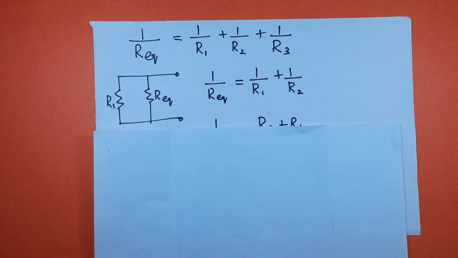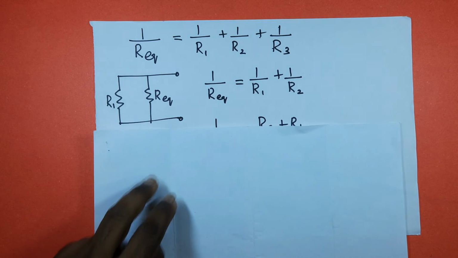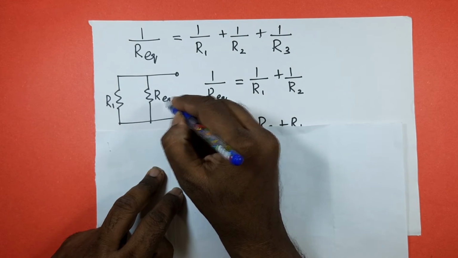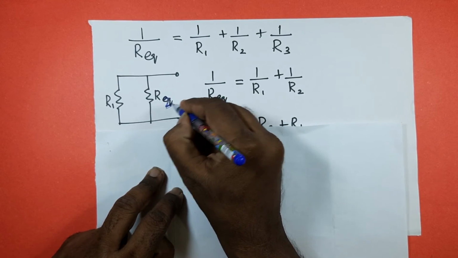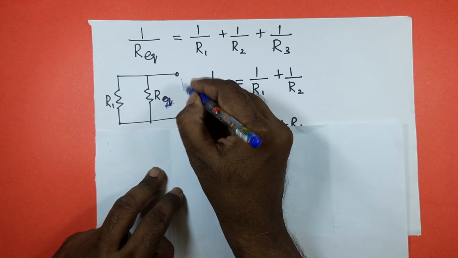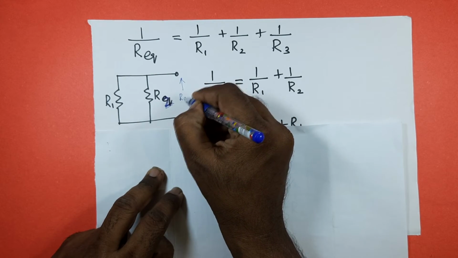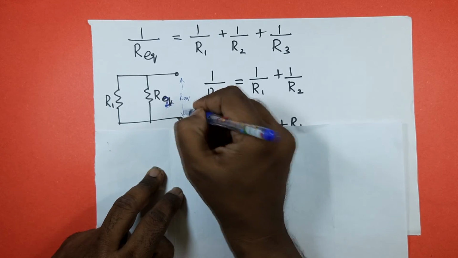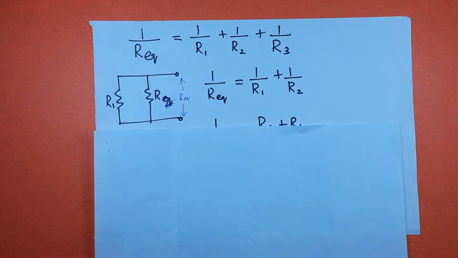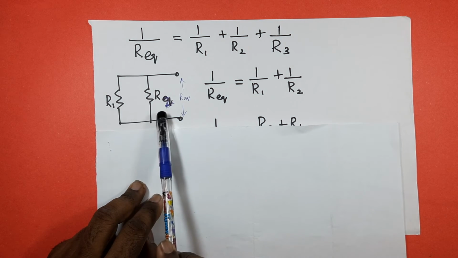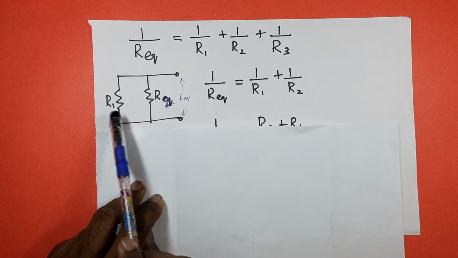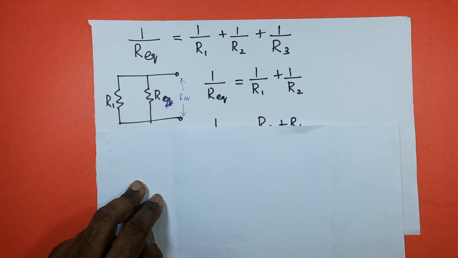I am sorry, actually this is R1, this must be R2. I made a mistake, so please make the correction. This is R equivalent. So we have resistor R1 and resistor R2, these two are connected in parallel.